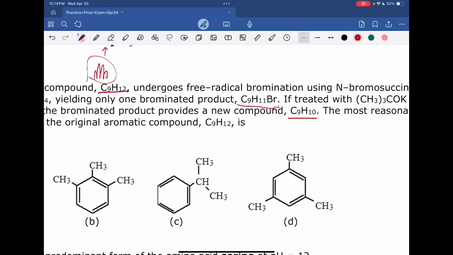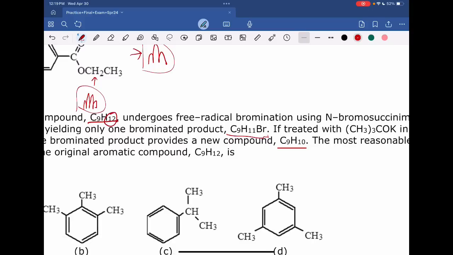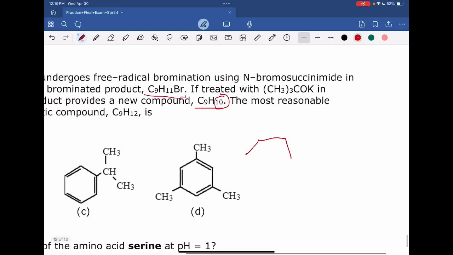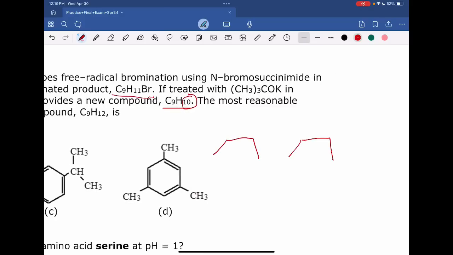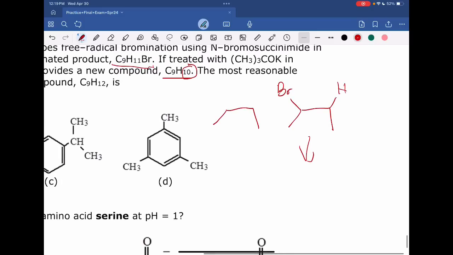So on net, this looks to me like an elimination reaction because you lost 2 H's. You start with the C9H12, you end with the C9H10. So what's going to happen here is that you have something, you brominate that something, you lost 1 H there, and then you eliminate.